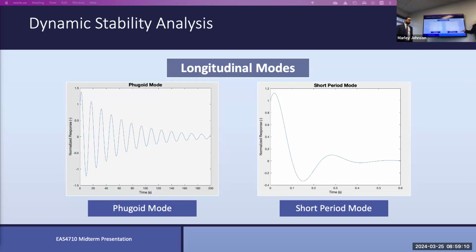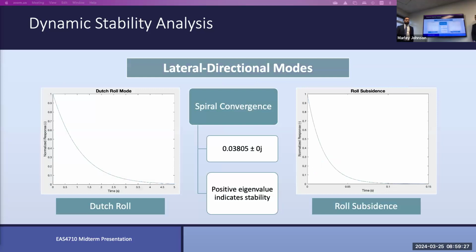You can see it damping out in about 0.6 seconds with pretty minimal oscillations, and the phugoid mode was also on par with what you'd expect, a lot longer time to dampen out, but also some high oscillations, both stable and converging, which is good. And then onto the lateral directional modes, we analyzed Dutch roll and roll subsidence.